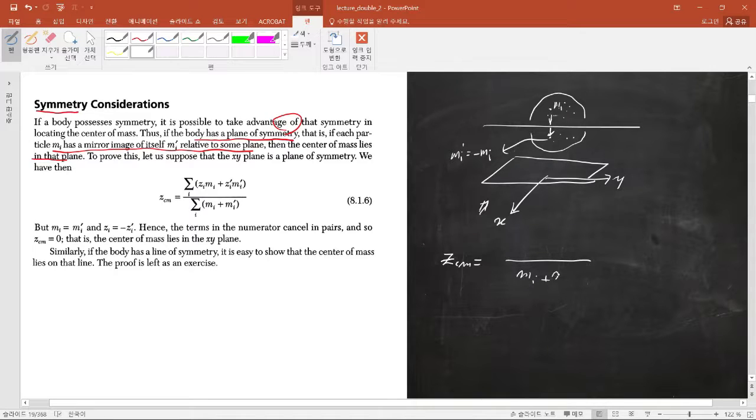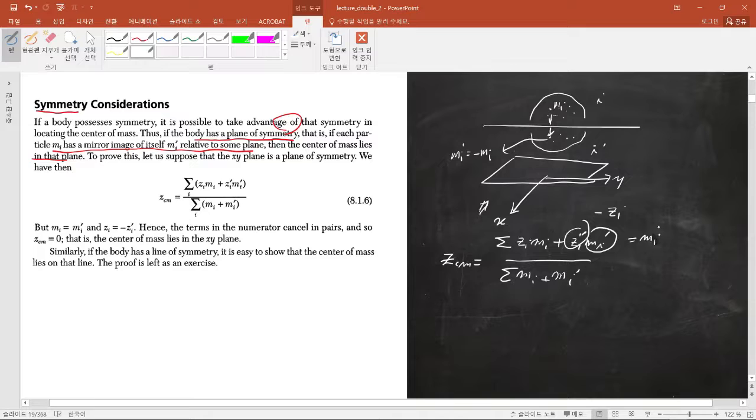mi plus mi prime. So mi means in the upper hemisphere, and mi prime means in the lower. So this is i prime, the object here, and then you have zi mi plus zi prime mi prime. But zi prime is precisely minus zi, and mi prime is exactly the same as mi.